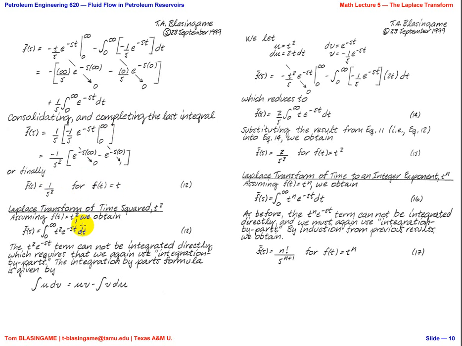If you do it for the square of t, you use a similar approach, and in this case for t power 2 in the real domain, in the Laplace domain it is expressed as 2 over s power 3. So you can establish a pattern here, right?